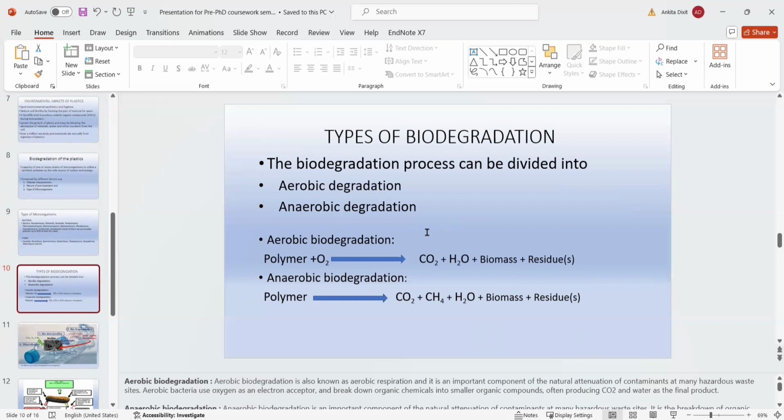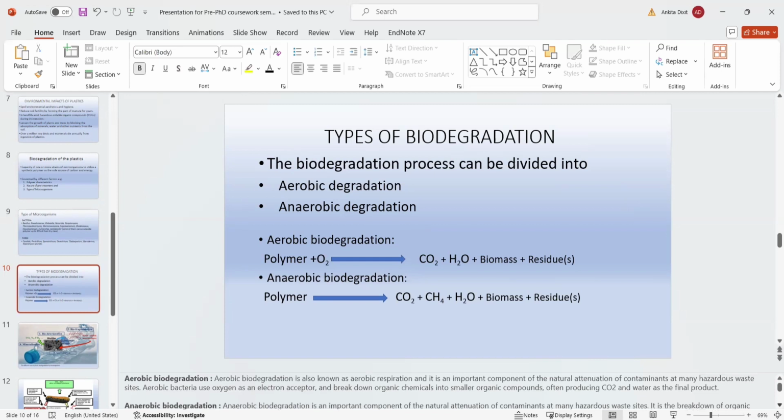Aerobic bacteria use oxygen as an electron acceptor and break down organic chemicals into smaller organic compounds, often producing carbon dioxide and water as final products. Here we see in aerobic biodegradation, polymer in the presence of oxygen is converted into carbon dioxide, water molecules, and biomass.